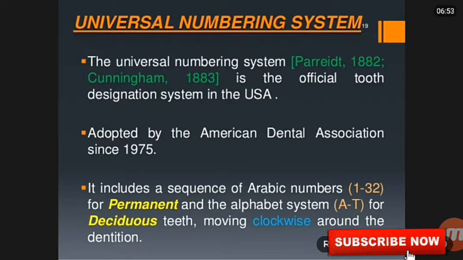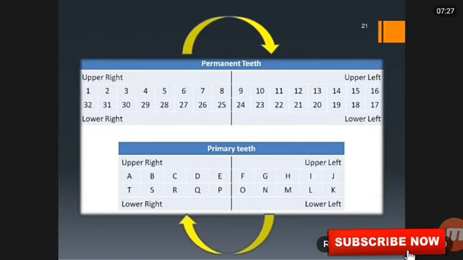The mandibular teeth are numbered 17 to 32, beginning with the left third molar. Here you can see the chart.